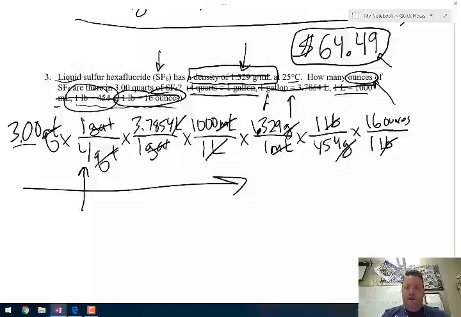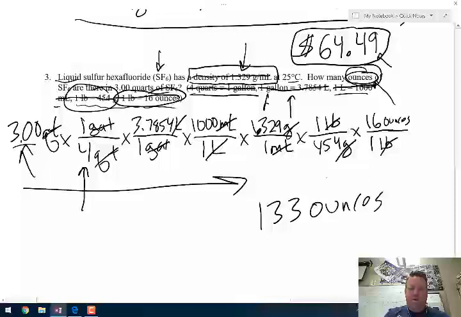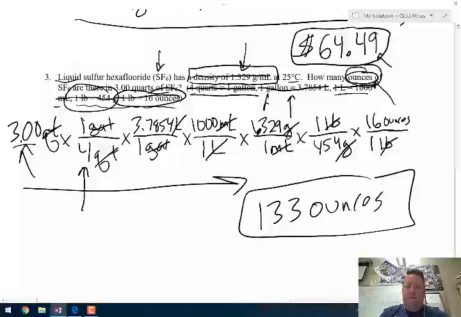That gives me my final answer, in ounces. I have 3 significant figures to start with, so that is 132.97, which is going to round to 133 ounces. And that is my final answer.